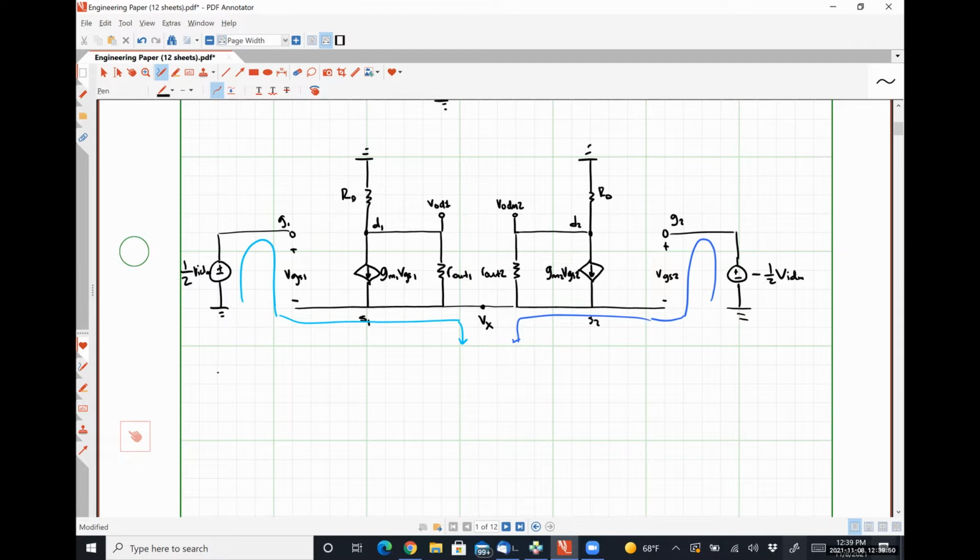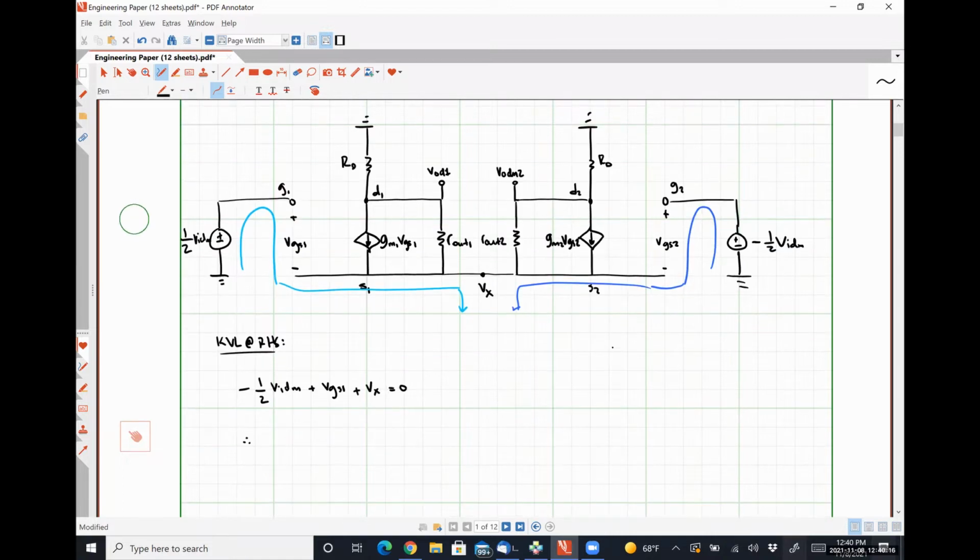So on the left-hand side, I get minus 1/2 VIDM plus VGS1 plus Vx is equal to 0, or VGS1 is equal to 1/2 VIDM minus Vx. Sorry, that should have been the left-hand side, not the right-hand side.